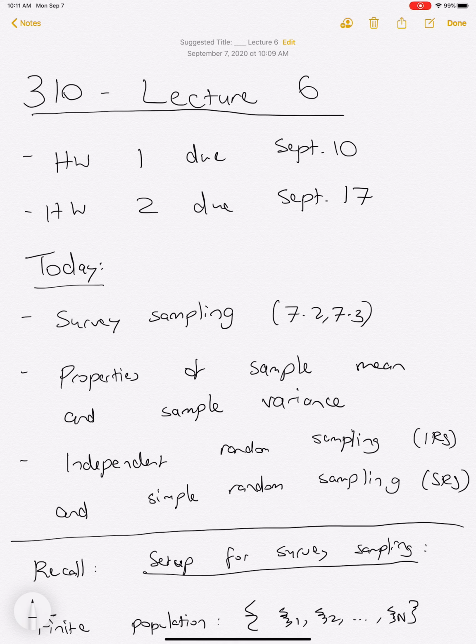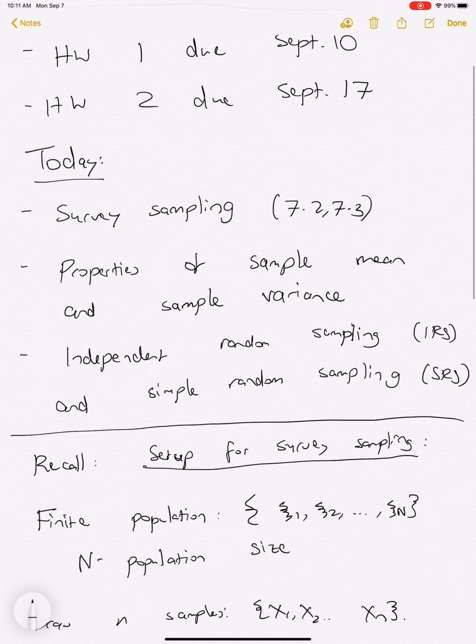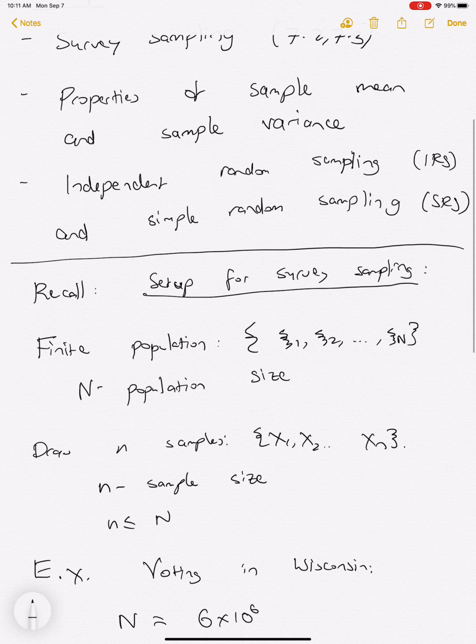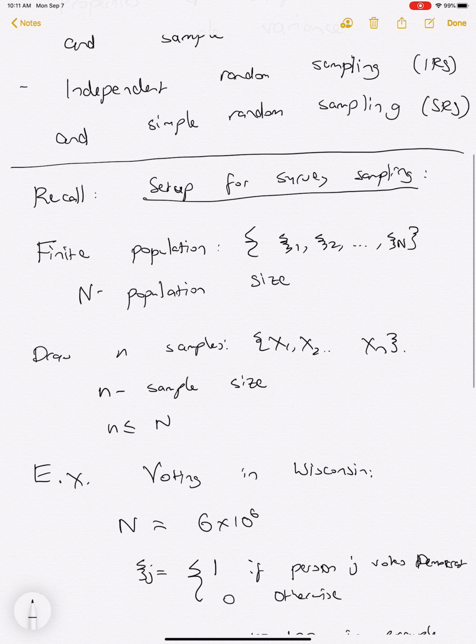And in particular, there were two sampling schemes that we're going to compare and contrast: independent random sampling, which involves sampling with replacement, and simple random sampling, which involves sampling without replacement. And so we're going to look at the properties of sample mean and sample variance under those two different sampling schemes.